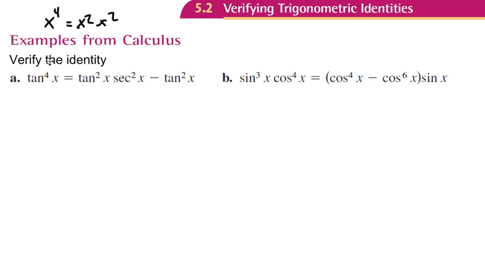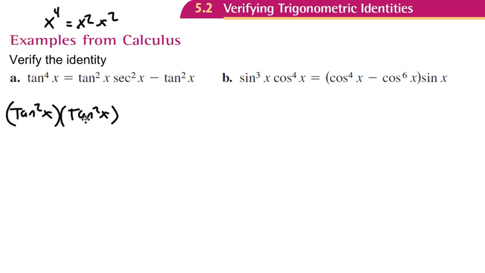So that's what I'm going to do right now. I'm going to rewrite tangent to the power 4 as tangent squared of x times tangent squared of x. I'm just replacing tangent to the power 4 with that product.